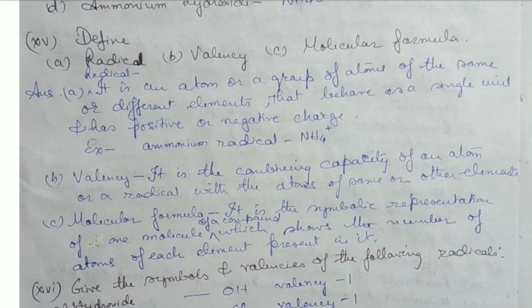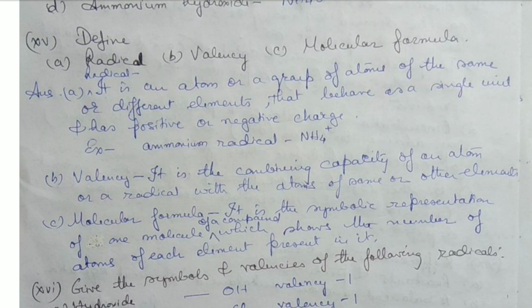A radical is an atom or a group of atoms of the same or different elements. They can be a single atom or a group of atoms, of the same element or of different elements, but they behave as a single unit and have a positive or a negative charge. For example, the ammonium radical.